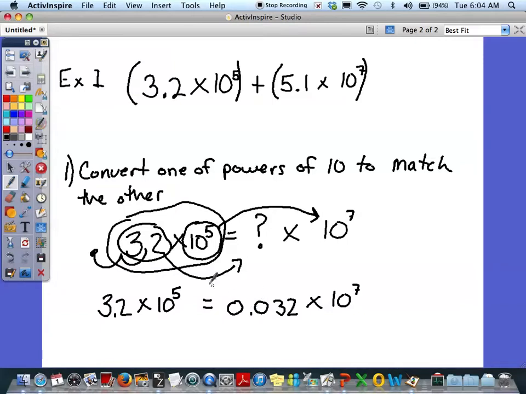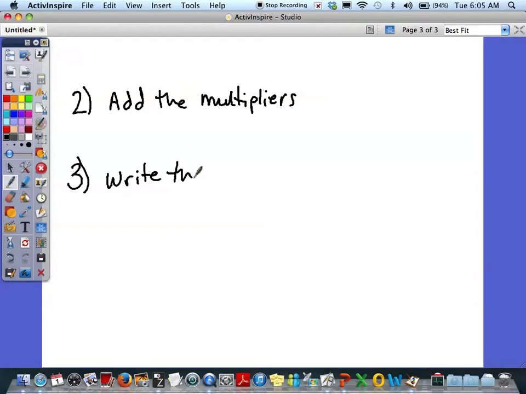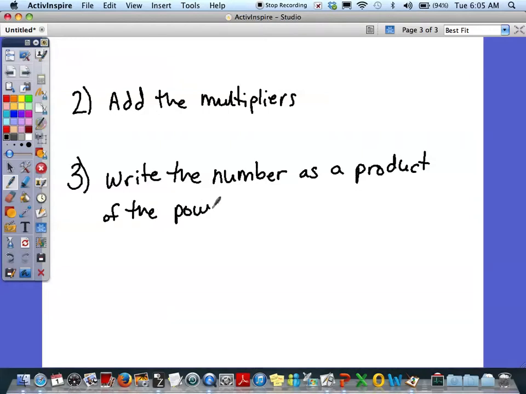And now that we're at this step, the second step, after we've converted them, is to add the multipliers. And then the third step is to write the number as a product of the power of 10.